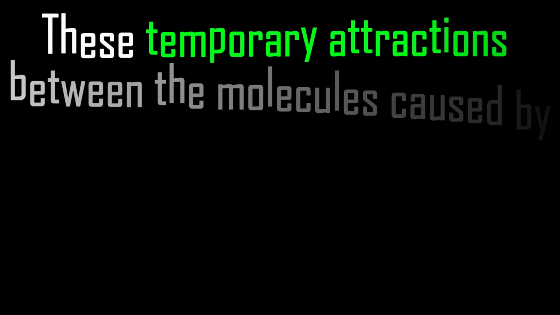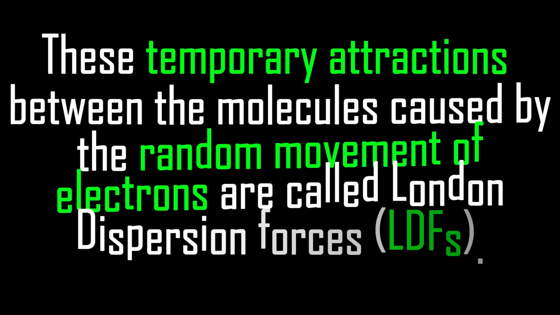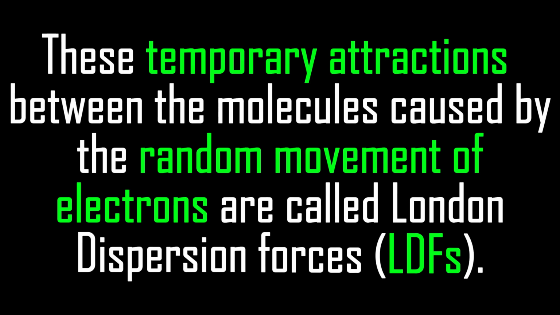These temporary attractions between the molecules caused by the random movement of electrons are called London dispersion forces, aka LDFs. Because all covalent molecules have atoms that are surrounded by an electron cloud, all covalent molecules have London dispersion forces.